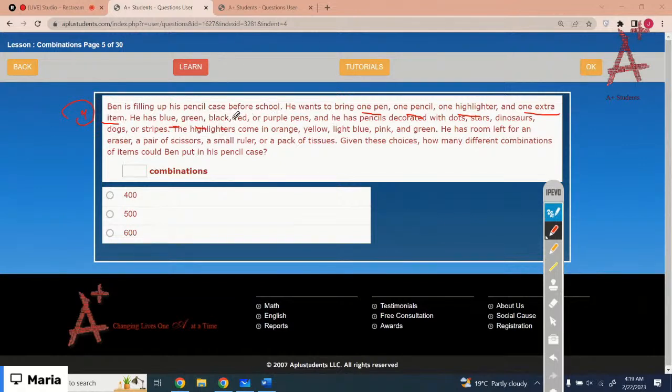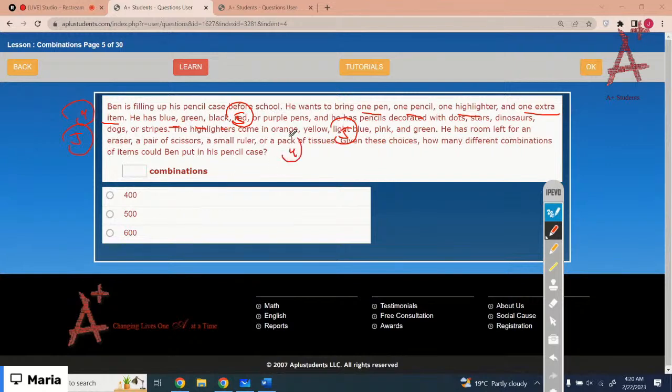One, two, three, four, 5 options for color. And he has pencils decorated with dots, stars, dinosaurs, dogs, and stripes. Again, you have 5. The highlighter comes in orange, yellow, light blue, pink, and green. So again, you have 5. He has room left for an eraser, a pair of scissors, a ruler, or a pack of tissues. So 1, 2, 3. Again, you have 4.